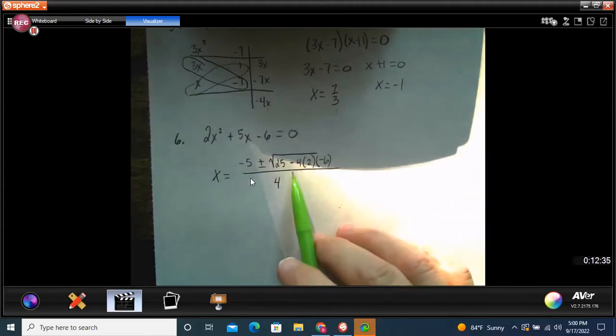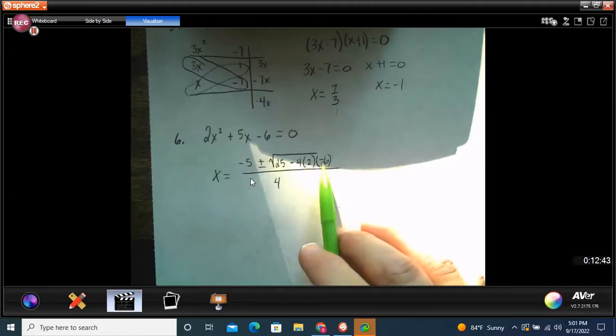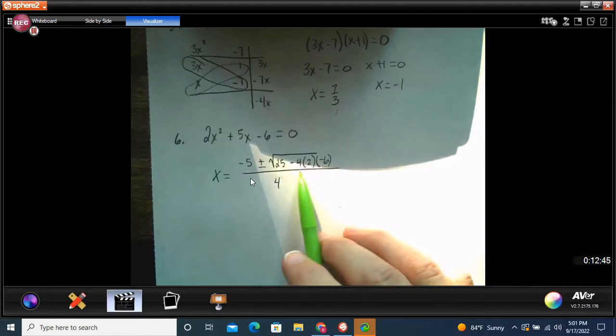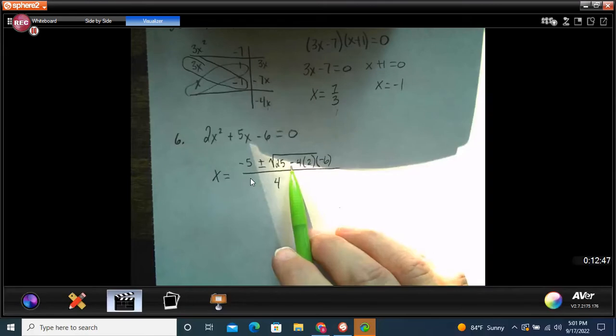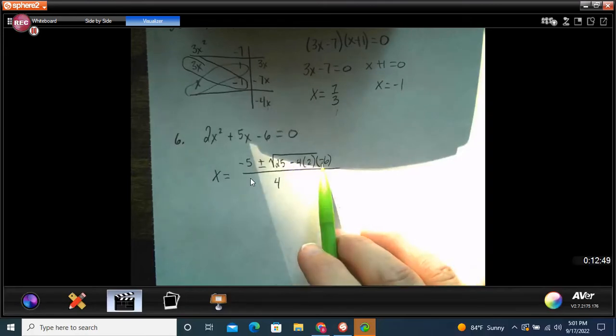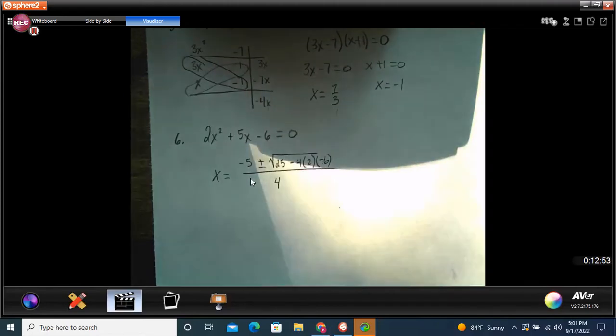And recall, when we took this quiz, some people ignored the negative here and the negative here. They just took 25 minus 48. But if I have a negative here and a negative here, that's the first thing I think of, is that I'm going to be taking 25 plus 48 because of those two negatives.